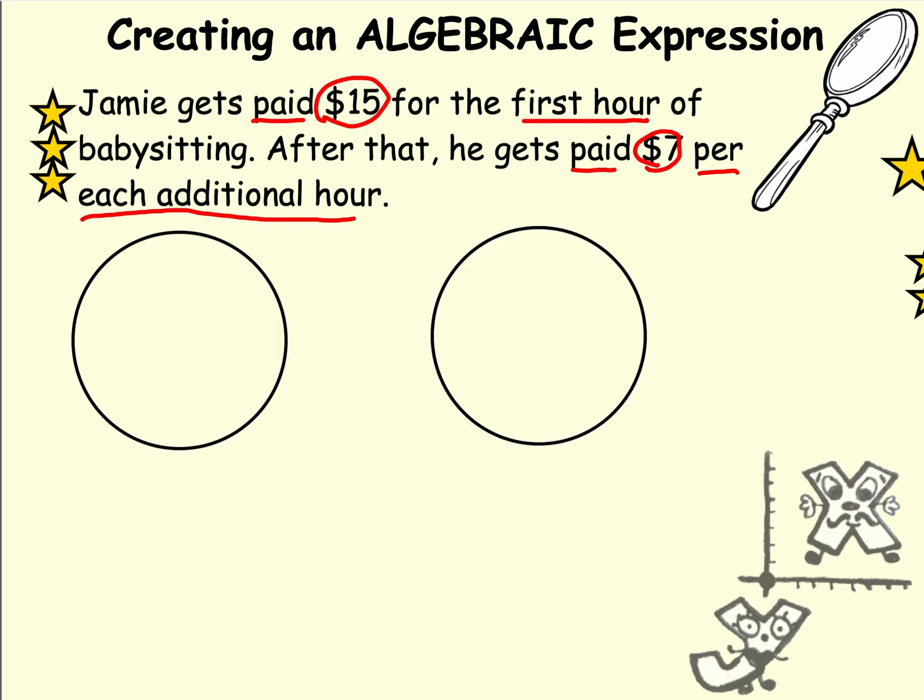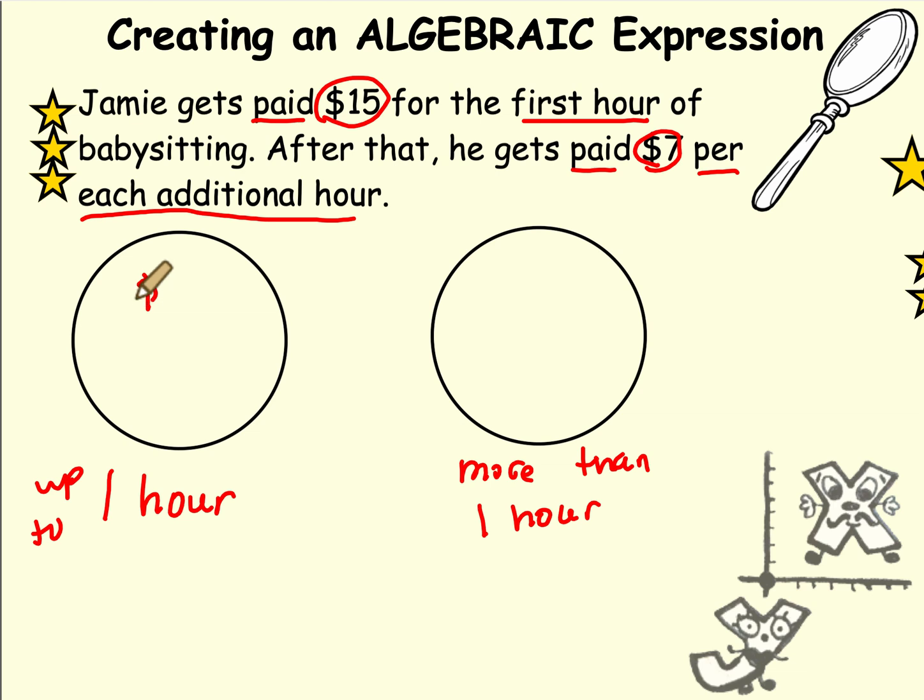So here he is, and he gets there, and up to 1 hour, he's going to get $15. And if he's there more than 1 hour, he's going to get $7 for each hour, starting at hour 2.